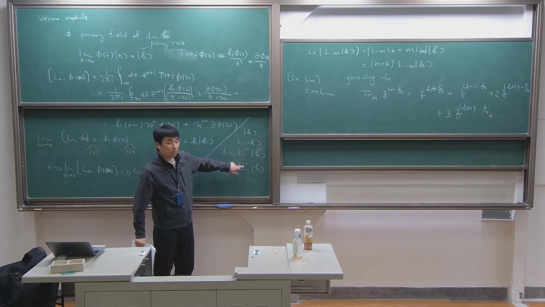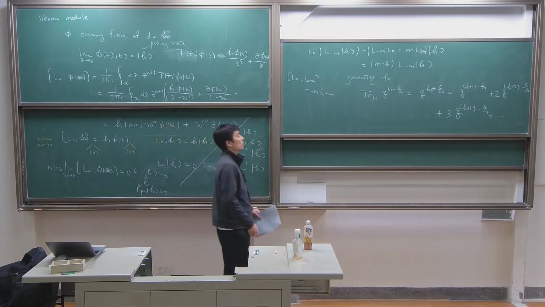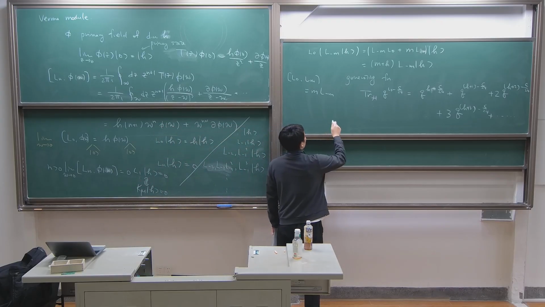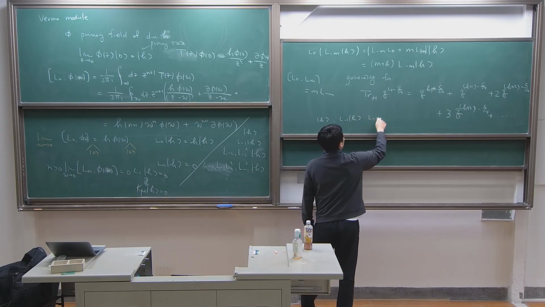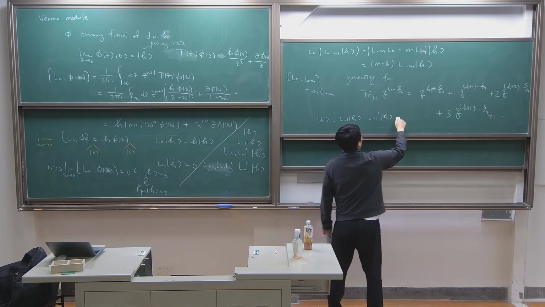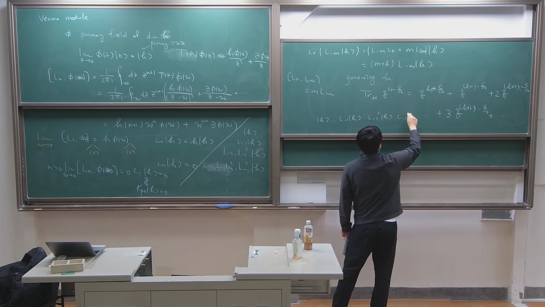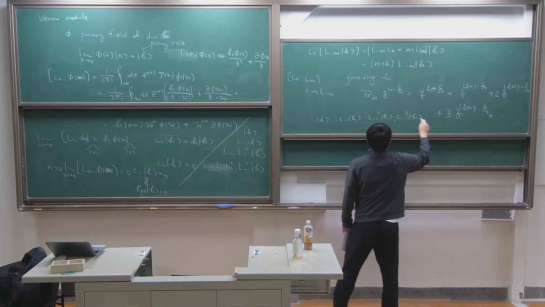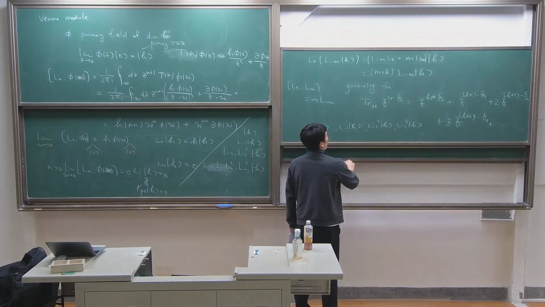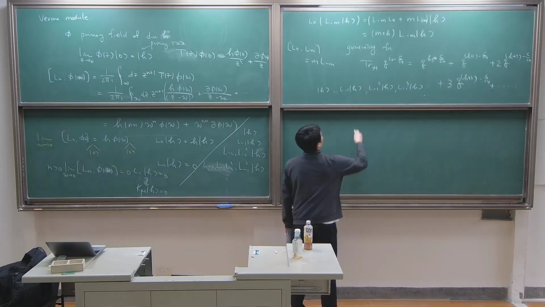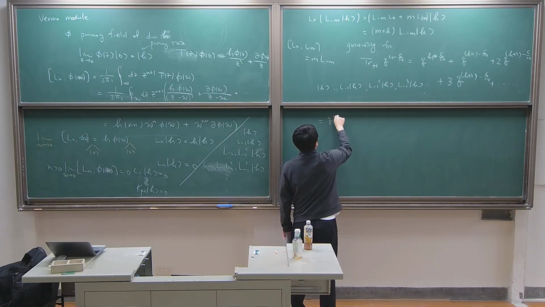If you look at the L minus 1 part, it always acts this way. So you consider h, L minus 1 h, L minus 1 squared h, L minus 1 cubed h, and so on. We can just repackage. First of all, the overall factor is q to the minus c over 24.